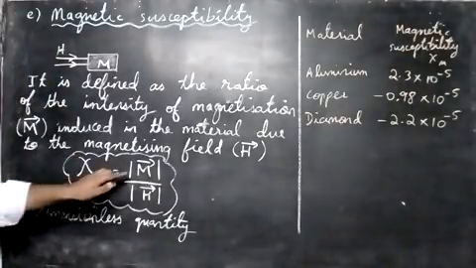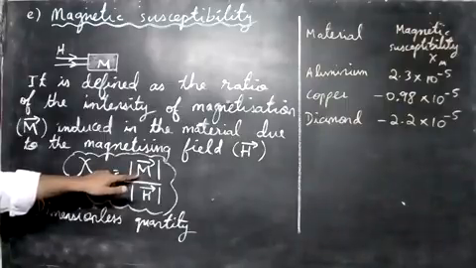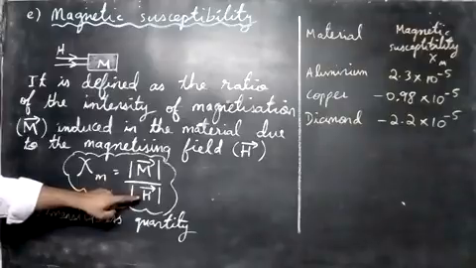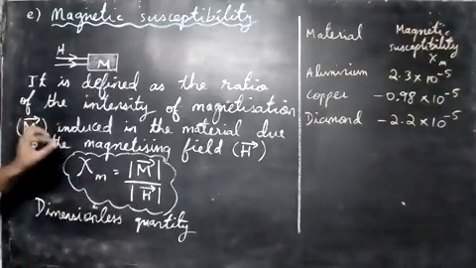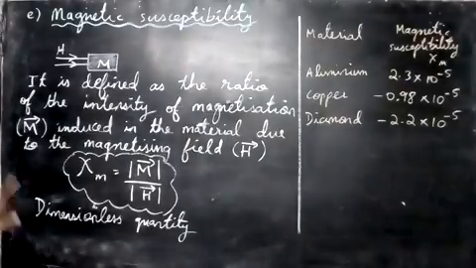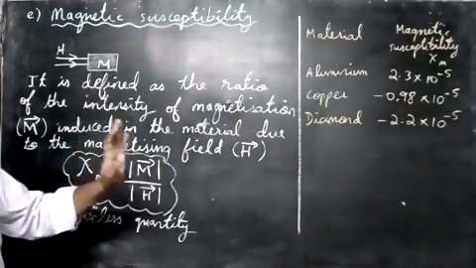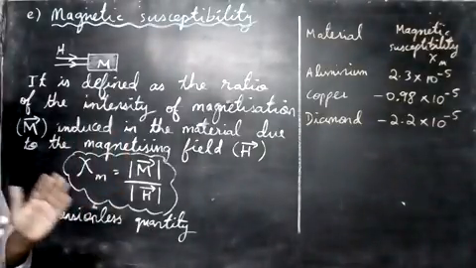Chi m is equal to the intensity of magnetization M divided by the magnetizing field H. If we divide these two, we get the magnetic susceptibility. It's a dimensionless quantity.